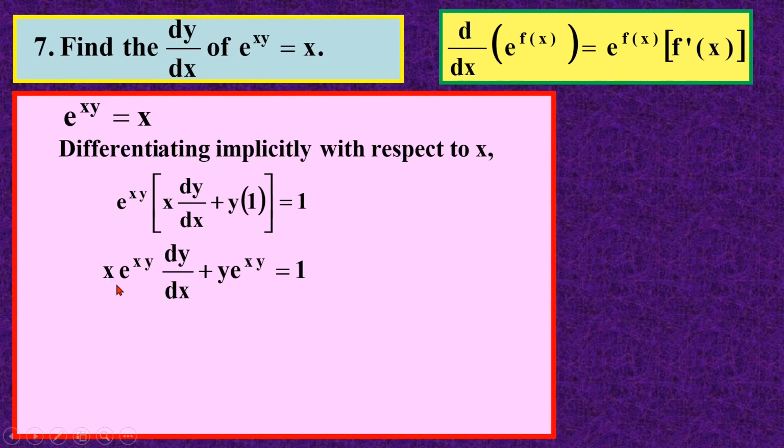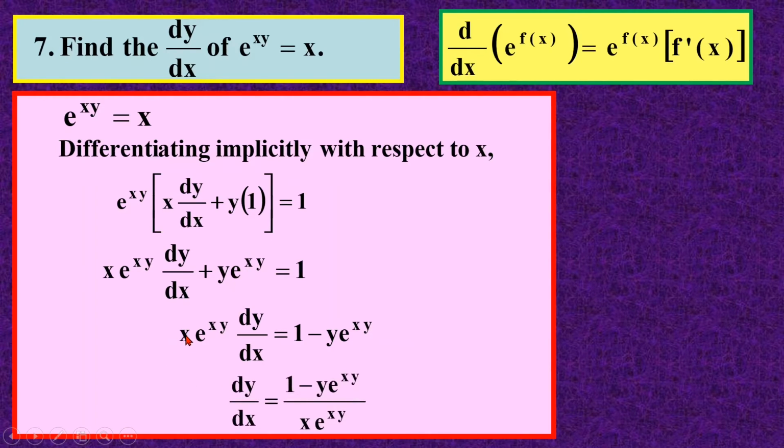So I will get something like this. And then I'm going to move this one over. So I will have 1 minus y times e to the power of xy. And I will then divide everything with x e to the power of xy. That's all.